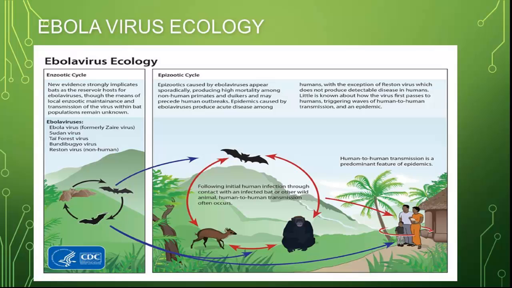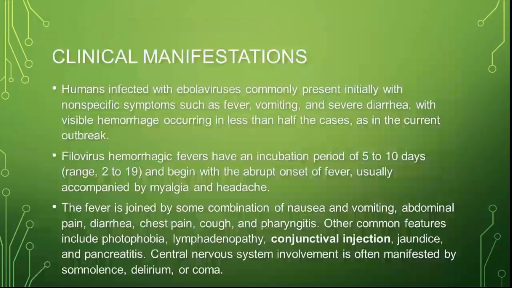It can be directly from, presumably, the fruit bat to a human host, or to another host like a non-human primate, and then to humans. Usually when there's infection among non-human primates, that is what precedes the human outbreaks. And once one human host has it, it starts the outbreak. It's very contagious.